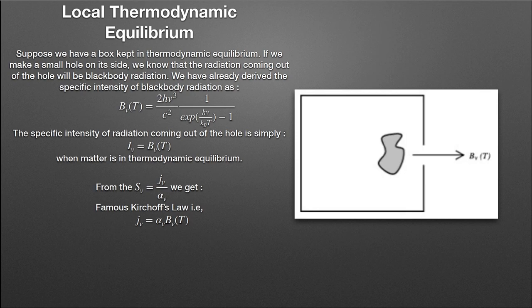Now we have seen the radiative transfer equation. In that, the absorption coefficient has the dimension of inverse length. This gives us the distance that photons could travel between the source and the matter, which we call the mean free path.